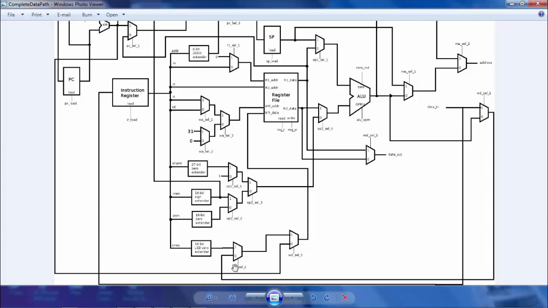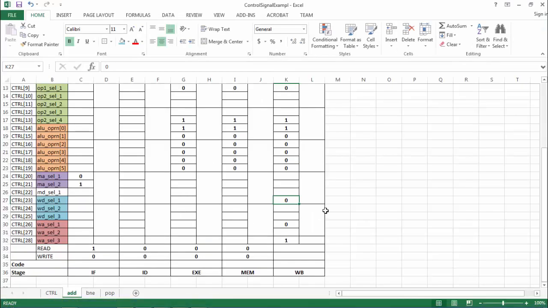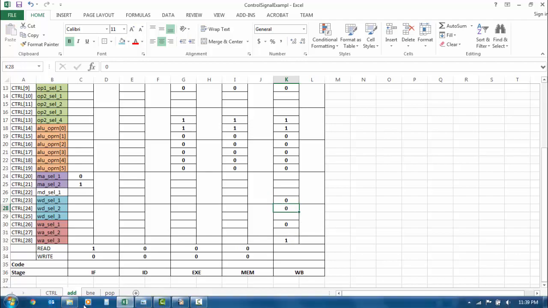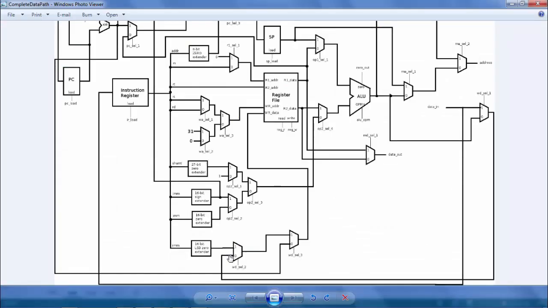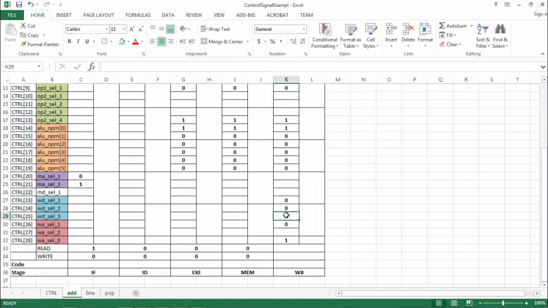Through this multiplexer I must select WD selection 2 as 0 because I want to make sure this data line is selected. Then this data is passing through this multiplexer, which I must select to 1. So WD select 3 must be 1. So here it goes.